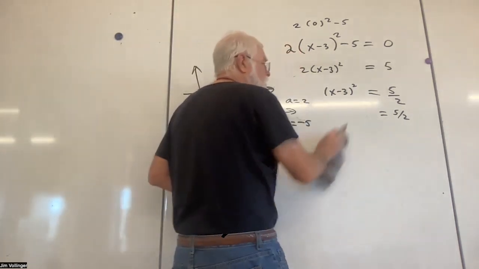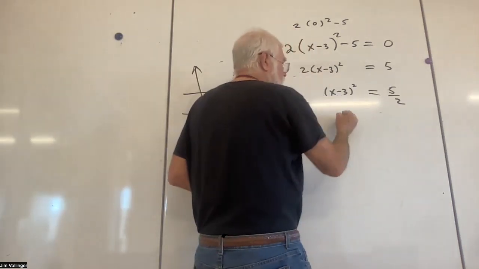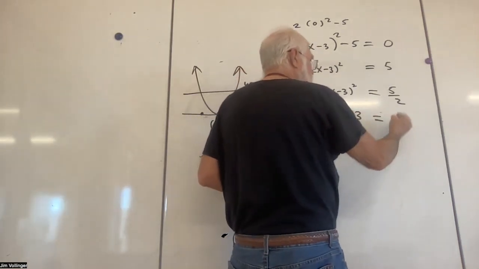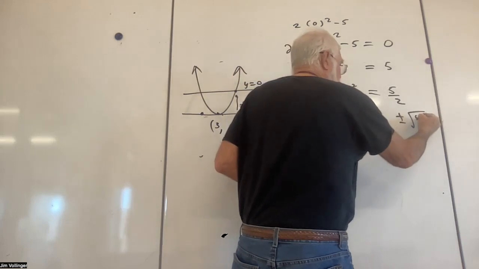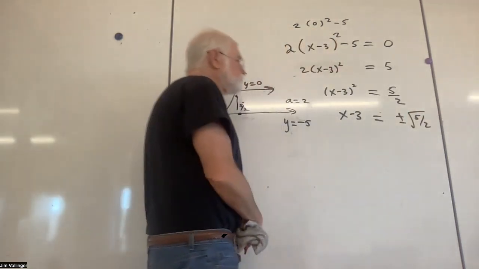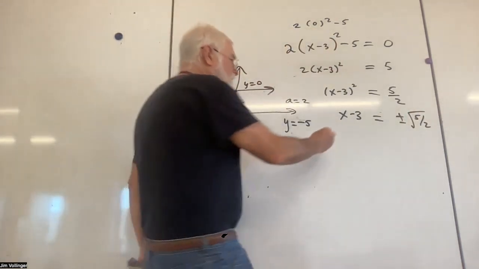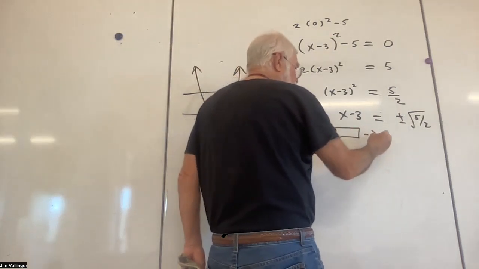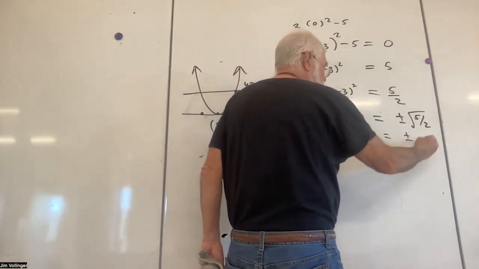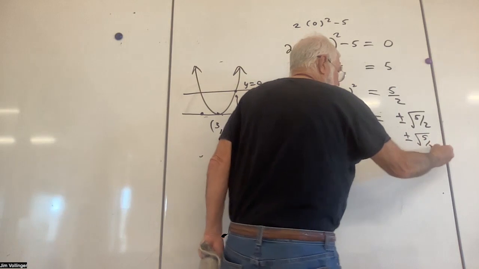And if I'm not mistaken, x minus 3 has to equal plus or minus the square root of 5/2. Now I've got something minus 3 equals plus or minus the square root of 5/2.